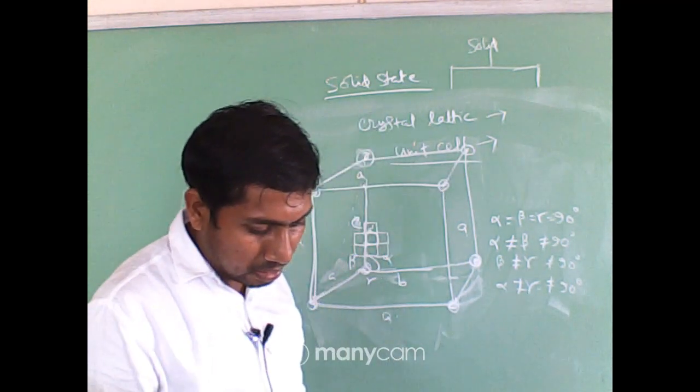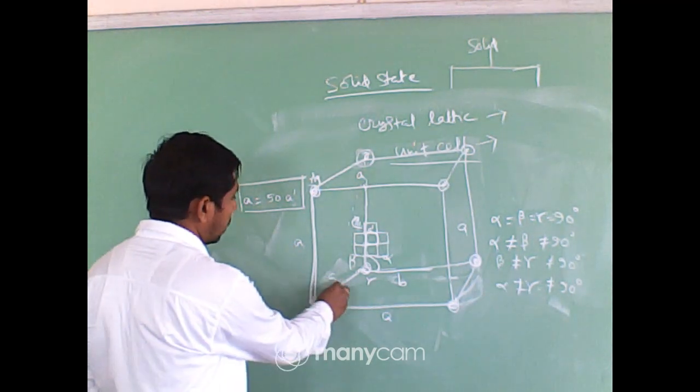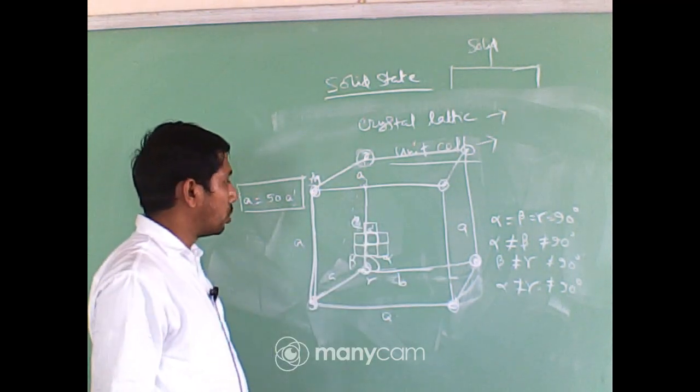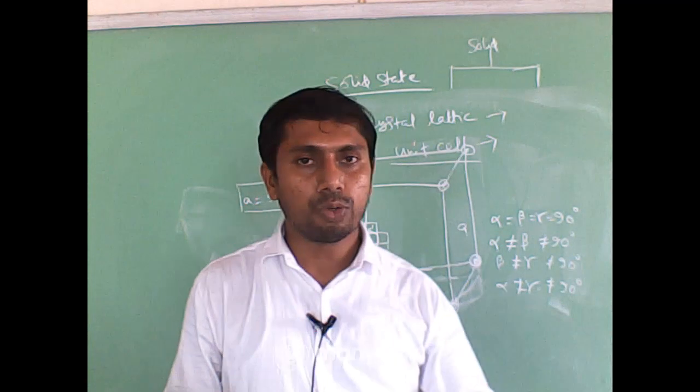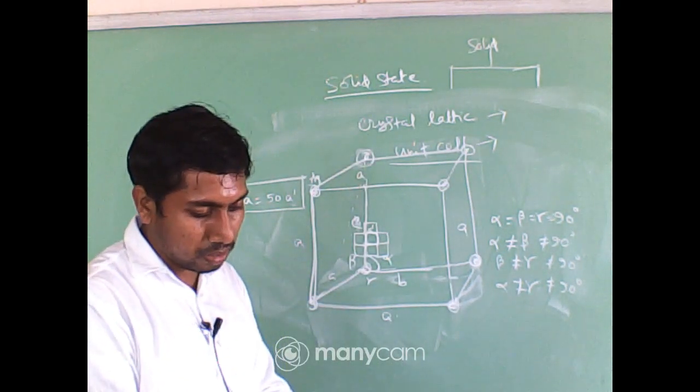This is A, this is B and this is C. So, these are the 6 parameters to represent one unit cell. I think you have understood this.